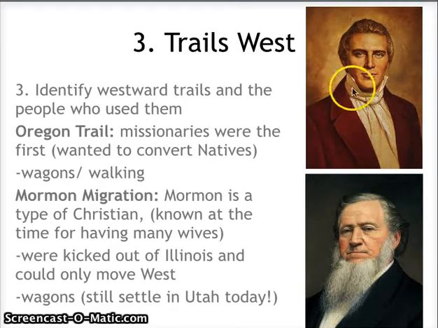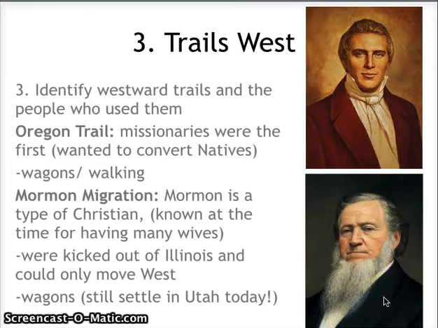Now, just to note, this man here up at the top, this is Joseph Smith. He is the person who starts Mormonism, the practice of having many wives in relation to Christianity. But the more important person is Brigham Young.